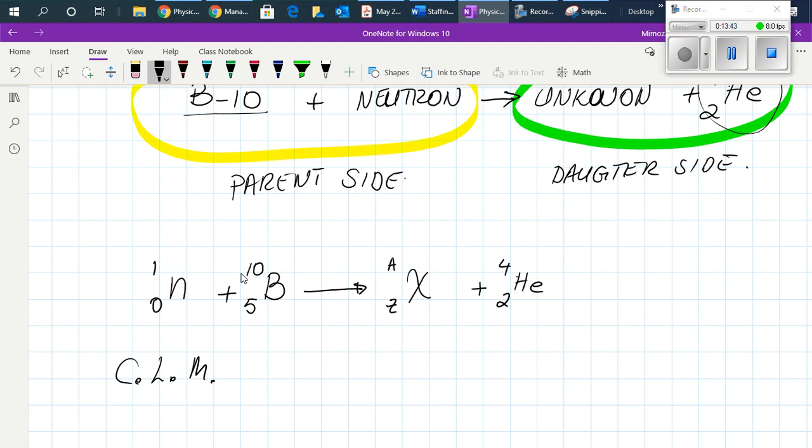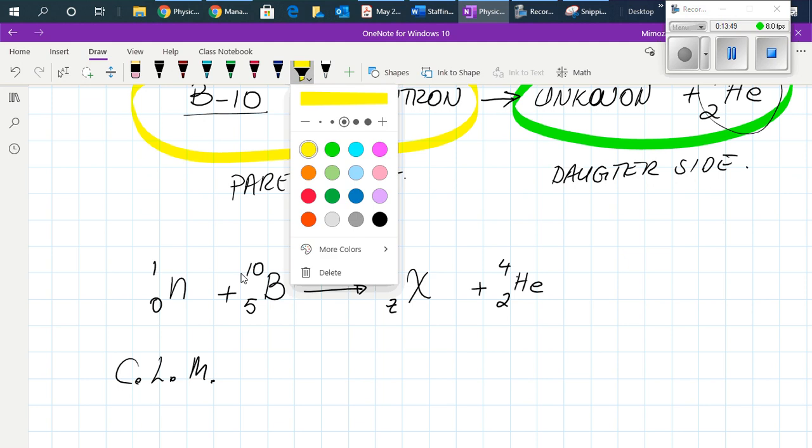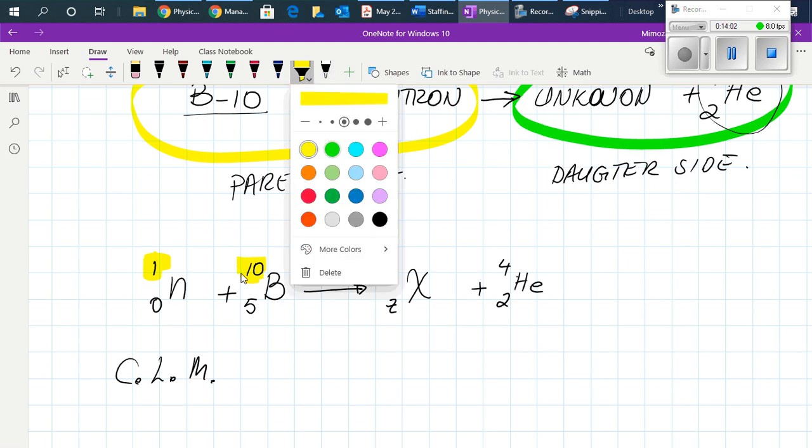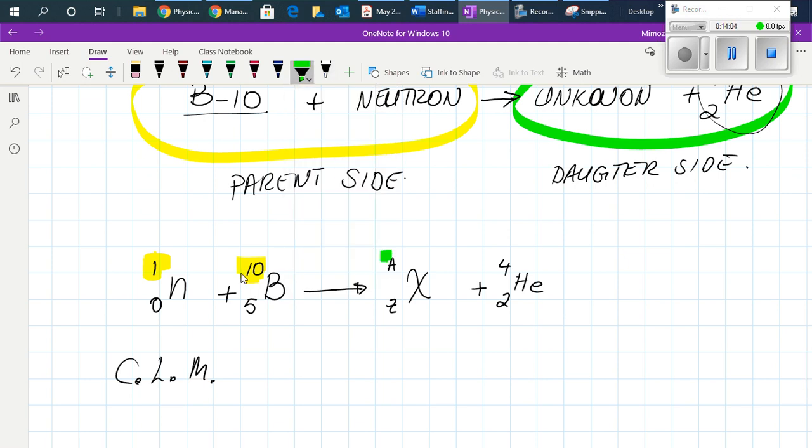So now let's apply the conservation law of masses. It says the sum of the mass on the parent side of the equation will be equal to the sum of the mass on the daughter side. So this mass here plus this one here should be equal to this A plus 4.